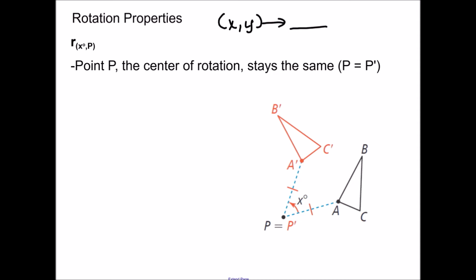So if we were to rotate about some generic angle x about a point P, well then point P is the center of rotation here, and the center of rotation stays the same. You're not going to rotate P when you do this.